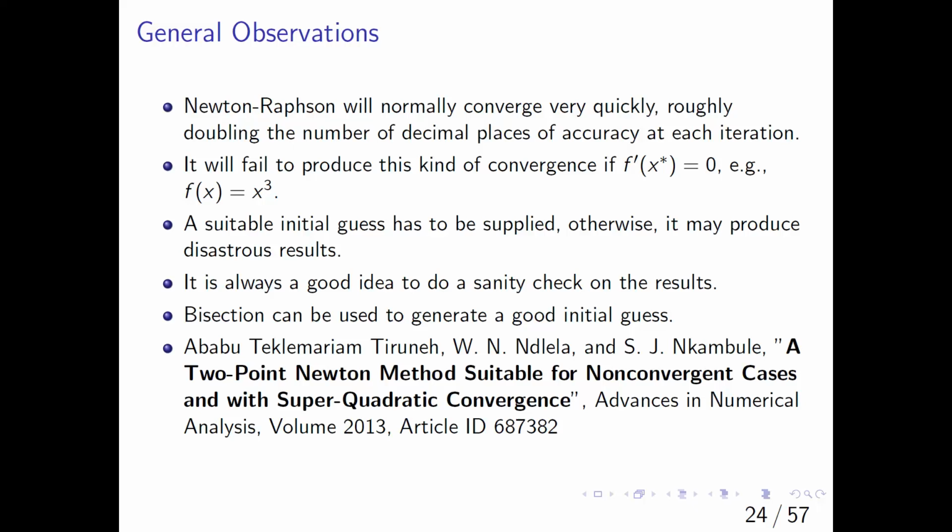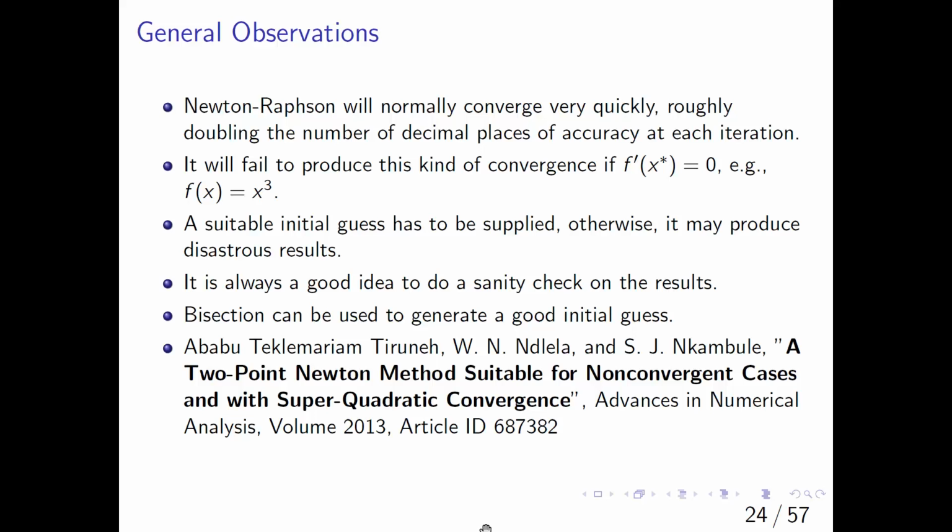But sometimes it fails to produce this kind of convergence, if the true solution has 0 value for the derivative. So f prime x star equals 0, then this Newton method fails.